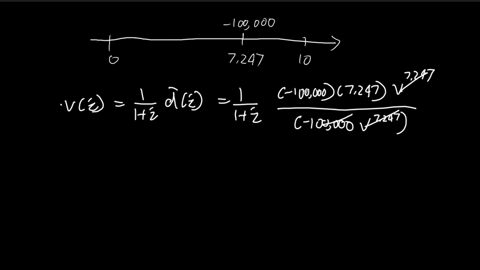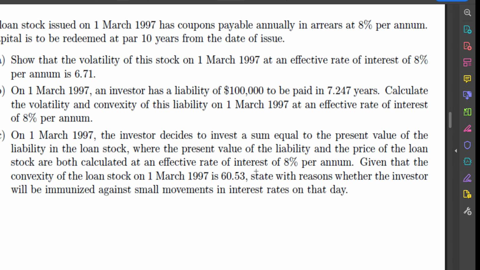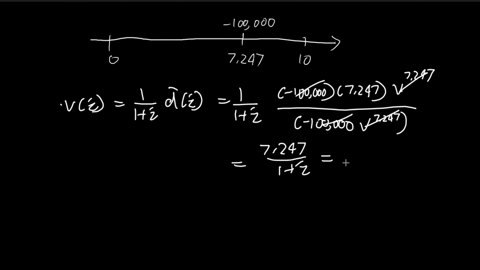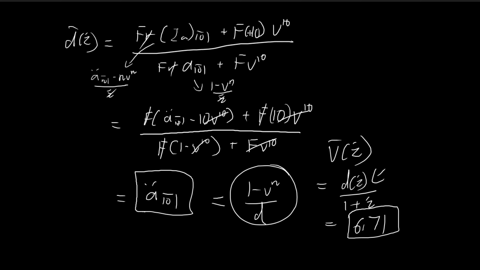So these cancel out, and all you're left with is 7.247 divided by 1 plus i. And i in our case is equal to 8% as given in the problem. Once you substitute 8% in, you'll find that this is also equal to 6.71, so it's equal to the volatility from the last problem.